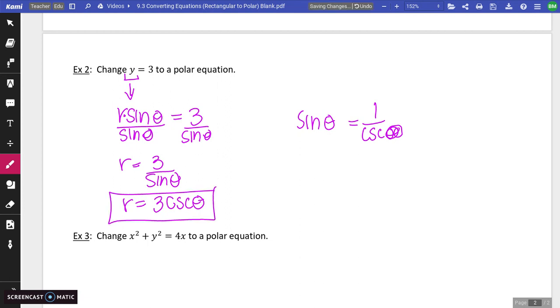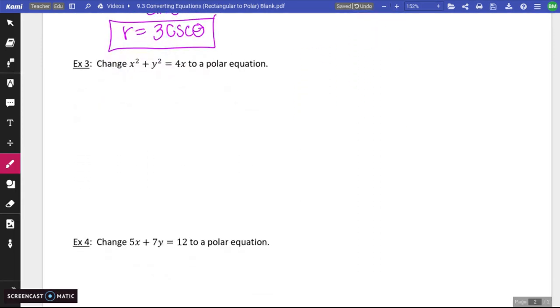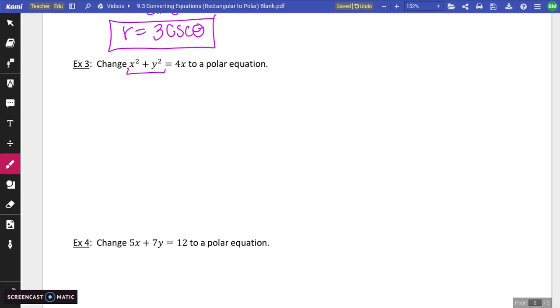Okay, and we've got 2 more here. Example 3, similar to the first one we did. So we have x squared plus y squared. I know that's the same as r squared. And then I have this variable x I want to get rid of. That's the same as r sine theta. So we're just substituting in with the equations from the beginning. Now again, I have to solve for r.